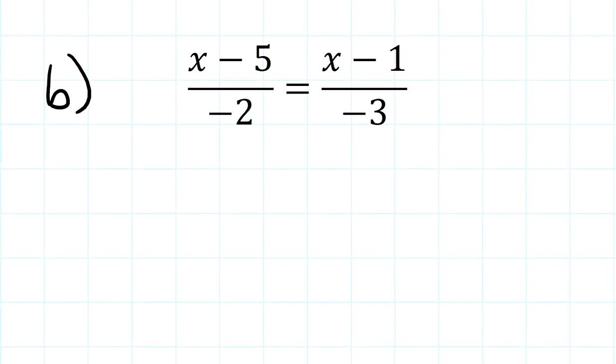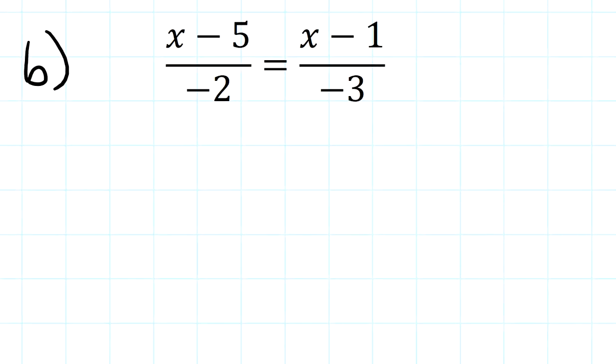Let's take a look at the next one. This is a proportion, and at a certain point we may talk about shortcuts more, but as I look at this, I would probably right now just choose to multiply both sides of this by negative 6.